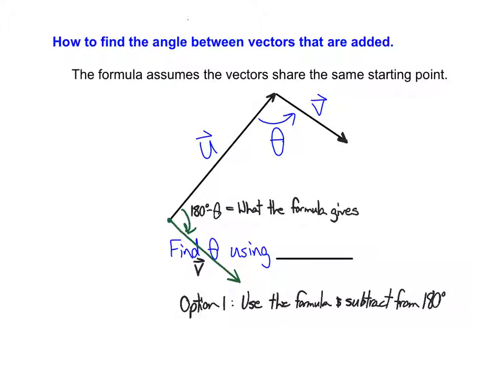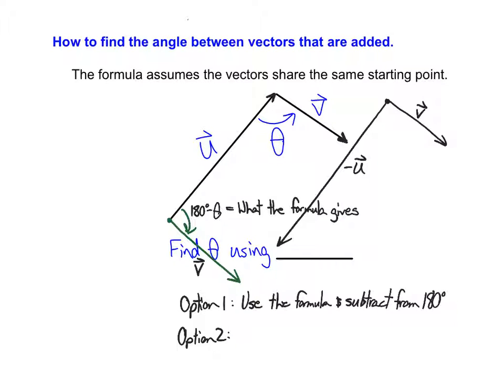The other option, option 2, is if we had this right here, instead of doing the angle between u and v, if I want them to start at the same point, what I could do is v, and then this would be negative u.